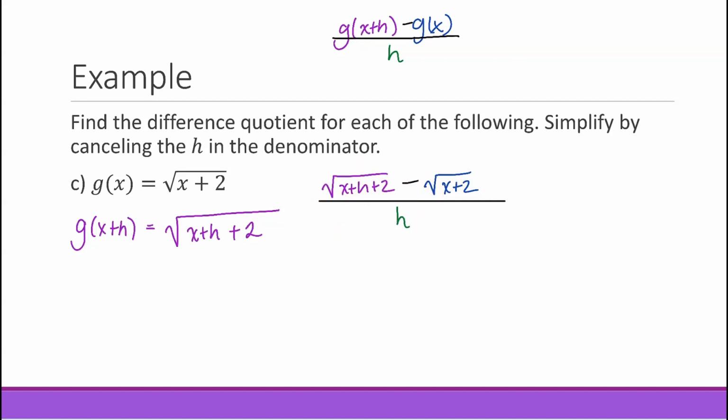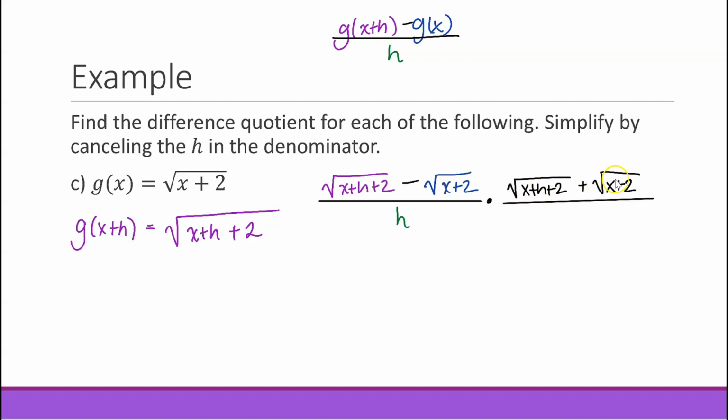So what we're going to do is multiply the top and bottom by the conjugate of the numerator. So the conjugate is simply changing the sign between the two square root terms here. So I'm going to make some space for myself. I'm going to go ahead and multiply by the square root of x plus h plus 2 plus the square root of the quantity x plus 2.